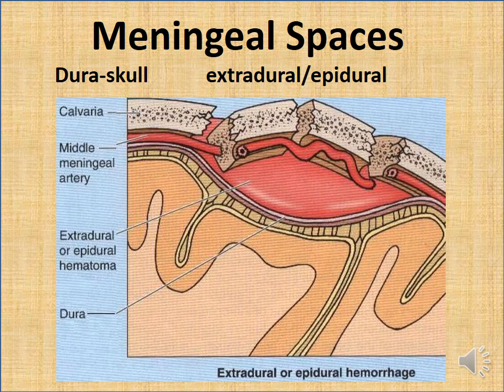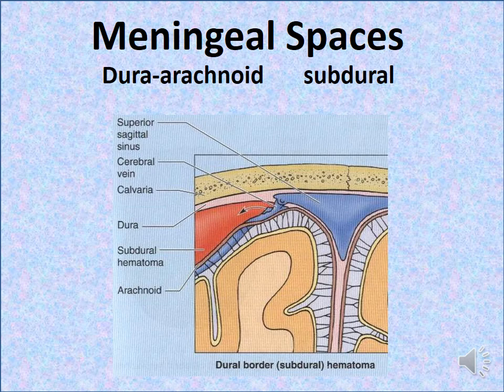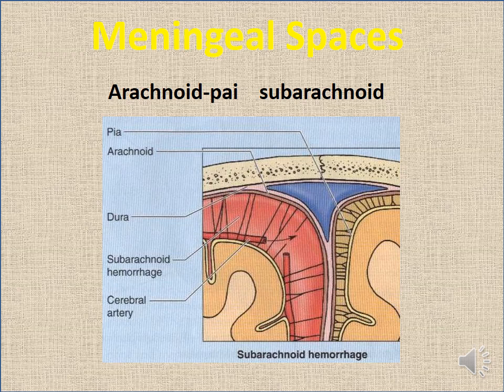And this is the first space between the meninges. The second space, between the dura and arachnoid, is called the subdural space. The third space is between the arachnoid and pia, called the subarachnoid space, located between the arachnoid mater and Pia Mater.